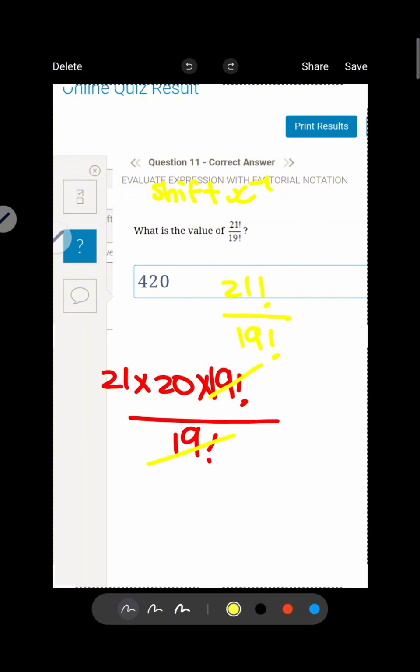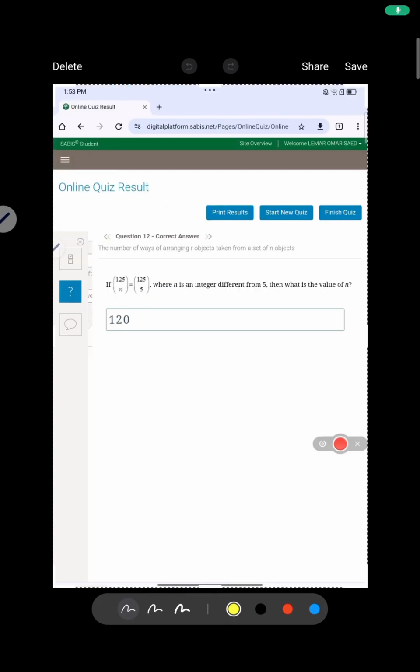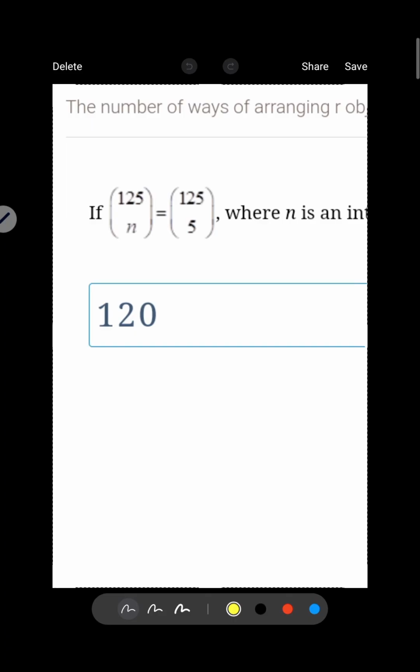Cross, then you put it on the calculator, you get 420. Okay, for this question, it's very easy. Just what is 125 minus 520? That's it. Because this plus this is equal to this.